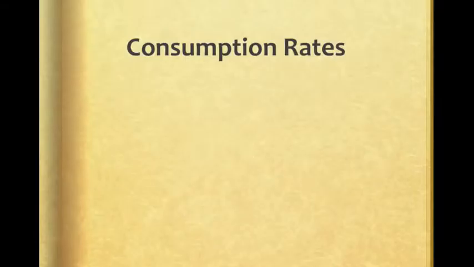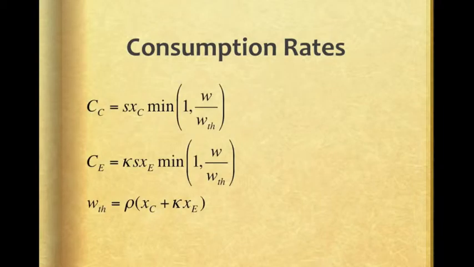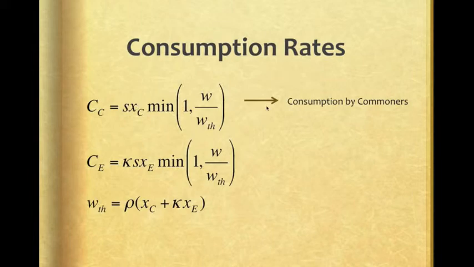Let's talk about the consumption rates that appear in the equations. The consumption by commoners appears here first. It's expressed in terms of the population of commoners.